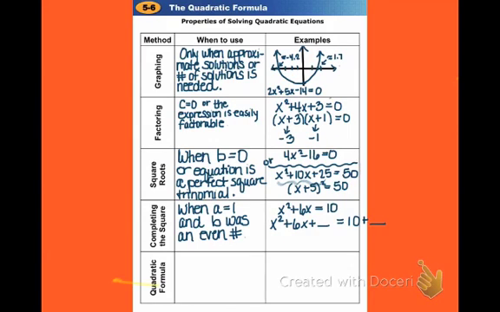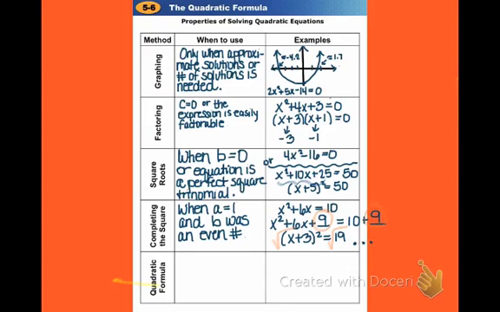So we would be adding 9 to both sides. We could then factor this x squared plus 6x plus 9. Because it is a perfect square trinomial, it's going to be x plus 3 quantity squared. On the right-hand side, we'd have 10 plus 9, which is 19, and we would just go ahead from there and take the square root of both sides and go from there. So we would continue on and solve that in that way.